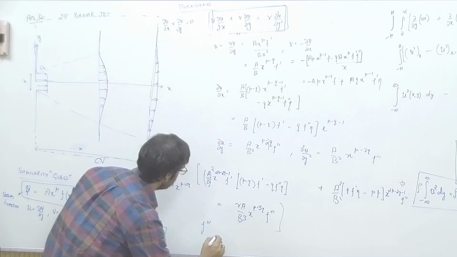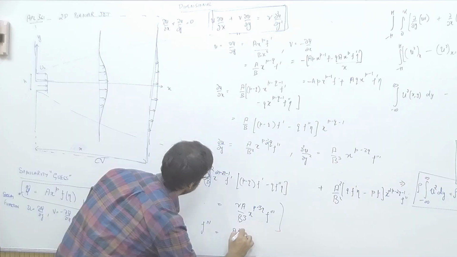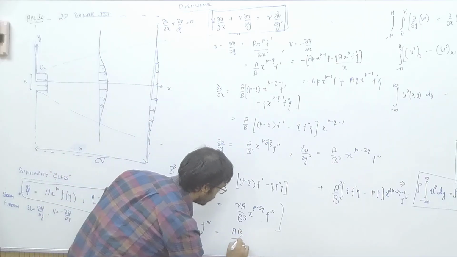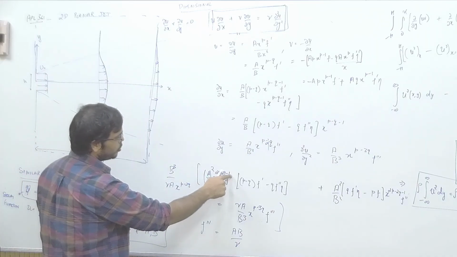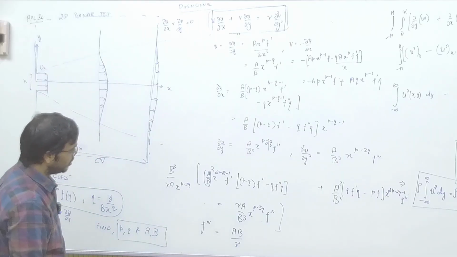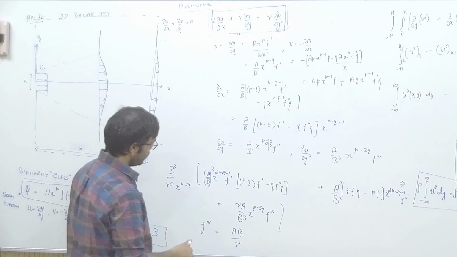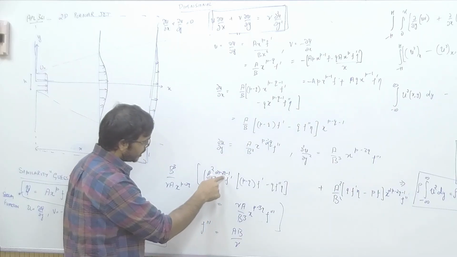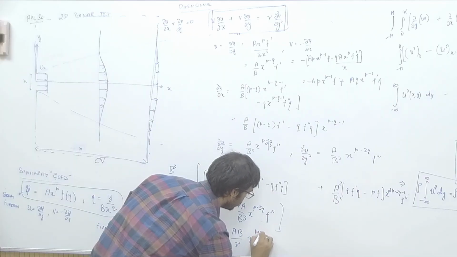A times b, so this equals a times b over nu, and then we have x to the power 2p minus 2q minus 1 minus p minus 3q. What do we get? 2p minus 2q minus p plus 3q. So x to the power p plus q minus 1.